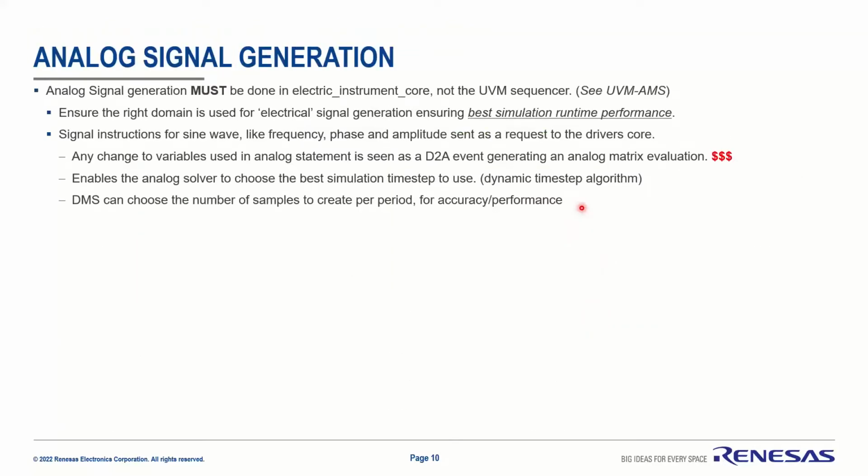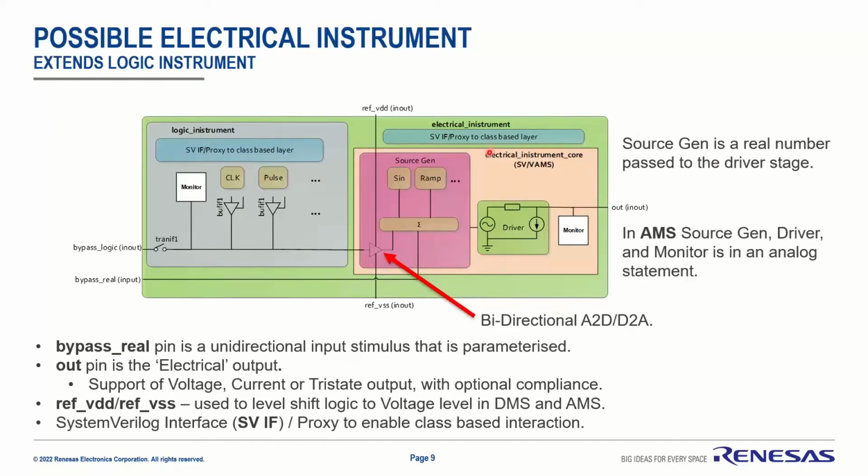So one of the key things that I've had to push in UVM-AMS is that the analog signal generation must be done in the core. So it has to be done within this module here. The classical way of doing signal generation in UVM is you do it in a sequencer and your driver basically just drives out ones and zeros.